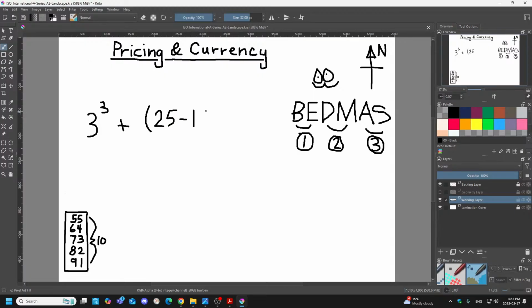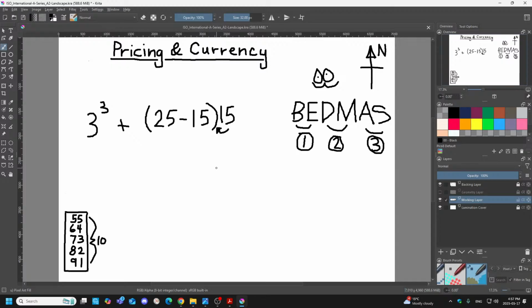Minus 15. And then I'm just going to put the 15 here. It's still inferred. The way they've written it, they've written times, but it's not really necessary. Anytime you have a number beside a set of brackets, that's already inferred multiplication.